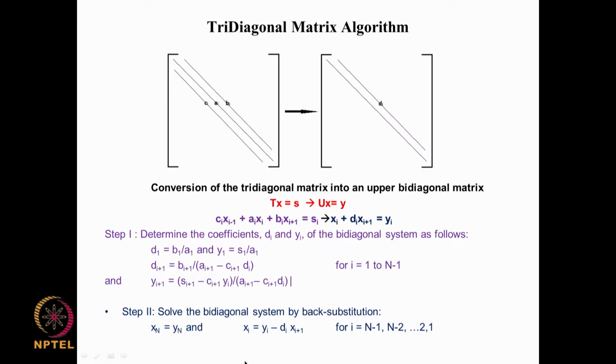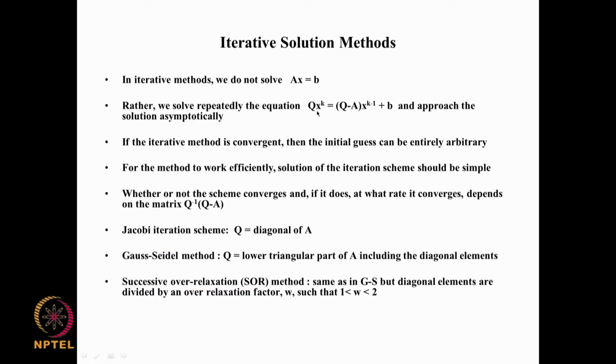Q is a matrix with as many elements as A, but only the diagonal elements are non-zero, and all the diagonal elements of Q are equal to the diagonal elements of A. So nothing much is needed to find Q. It is just to select the diagonal elements of A and put them into matrix Q.